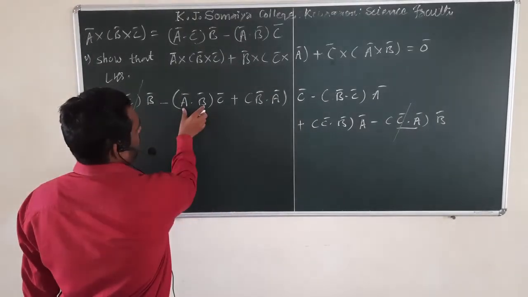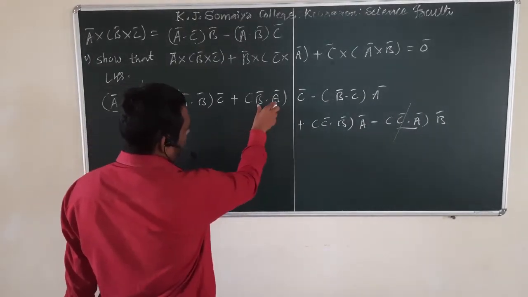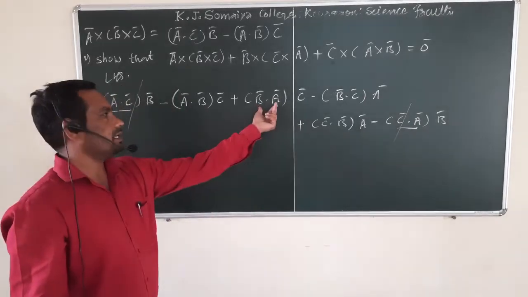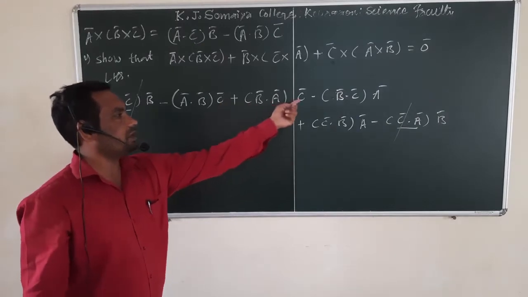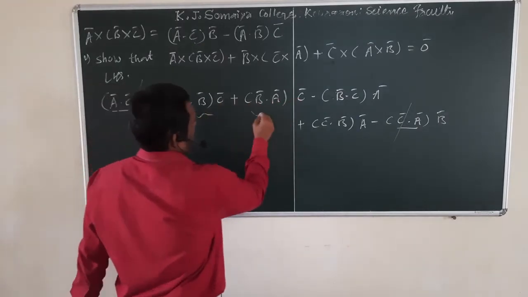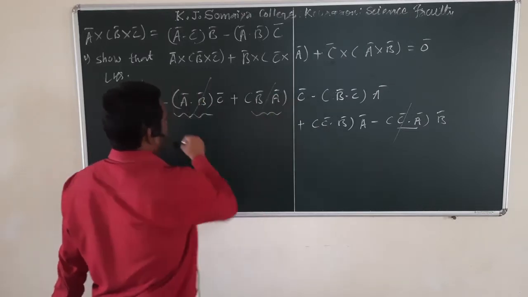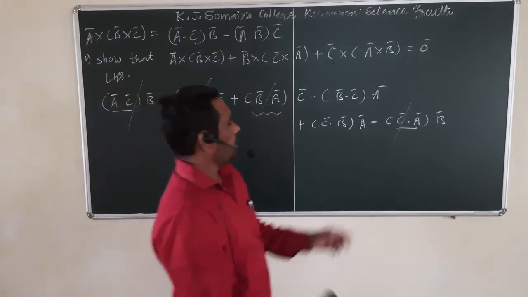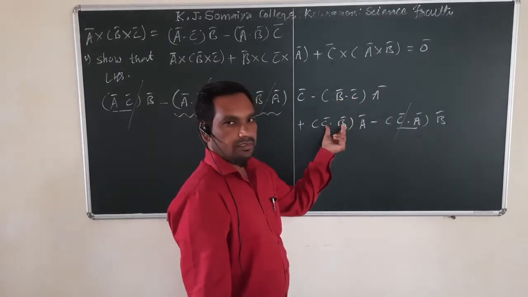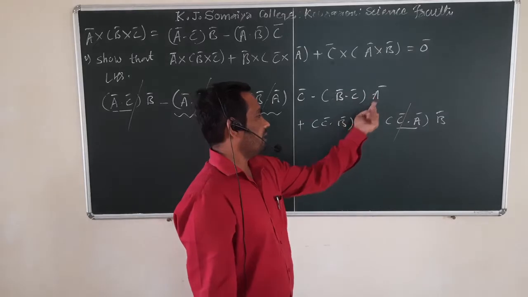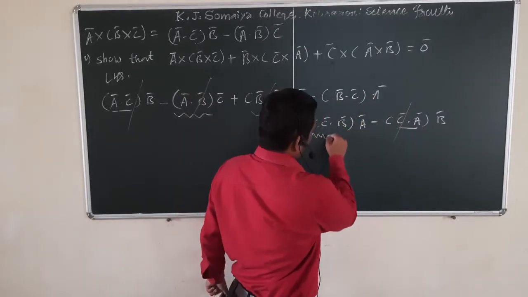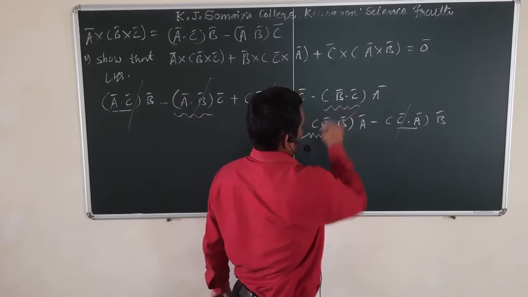Here we have vector A dot B and here we have B dot A. By property of dot product, these two are the same, multiplied by vector C, multiplied by vector C. Here we have plus sign, here we have minus sign, so this quantity is cancelled with this quantity. And here vector B dot C, and here we have C dot B, again multiplied with vector A, positive and negative. So these two quantities cancel each other.